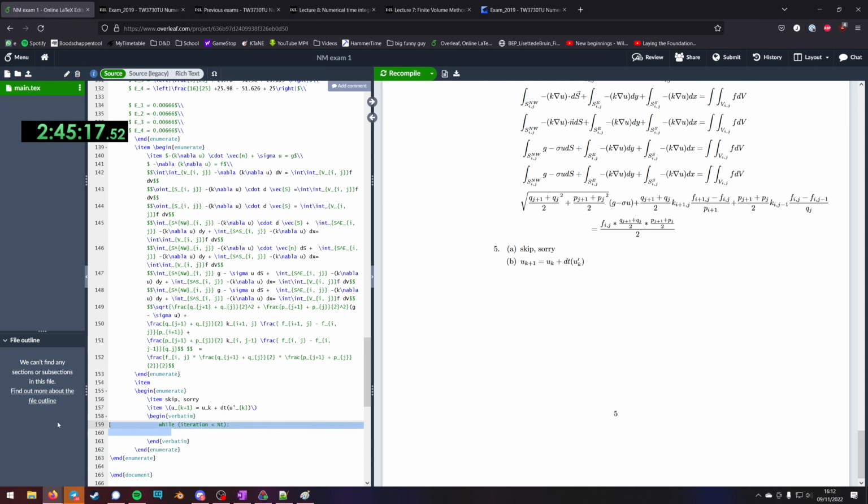A equals get discretized derivative matrix, fancy name. u is u start.